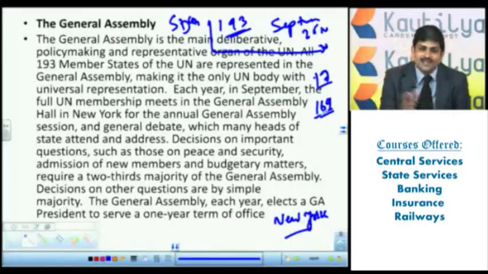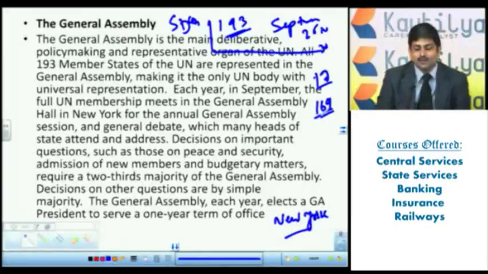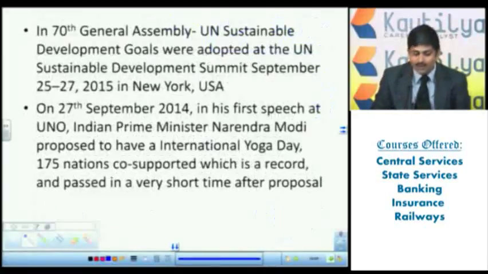Once that task was finished, the Sustainable Development Goals replaced them. These will be implemented till 2030. The Government of India has also initiated a lot of schemes in order to achieve the Sustainable Development Goals.